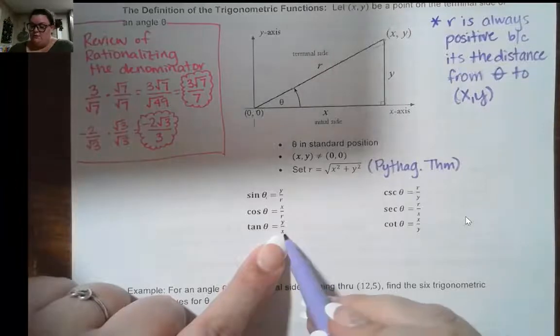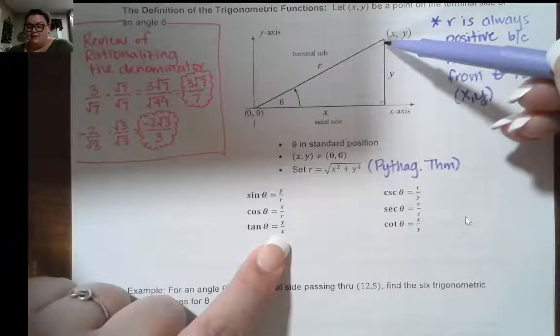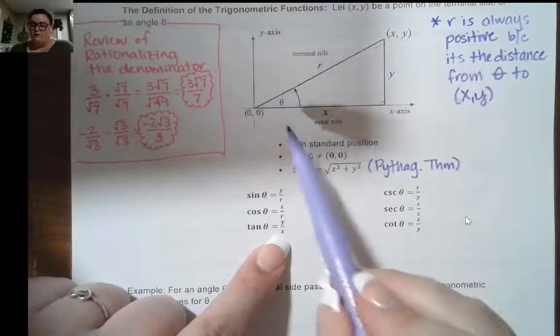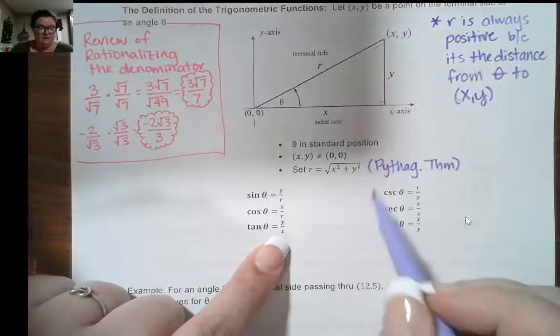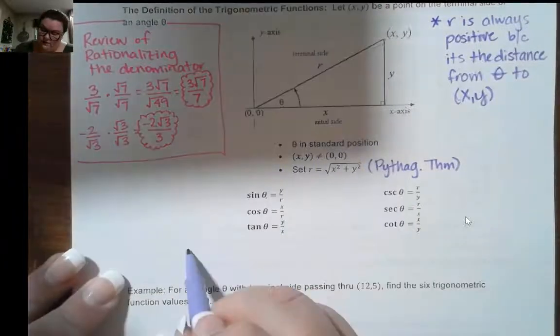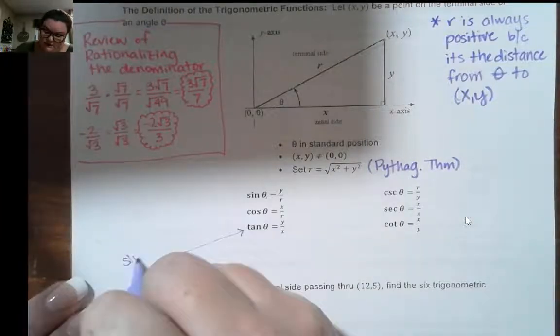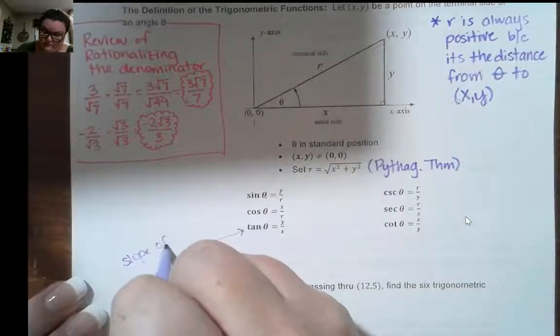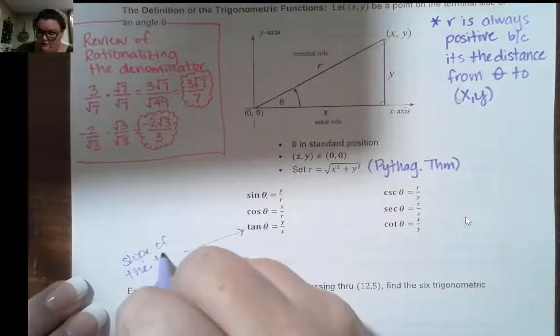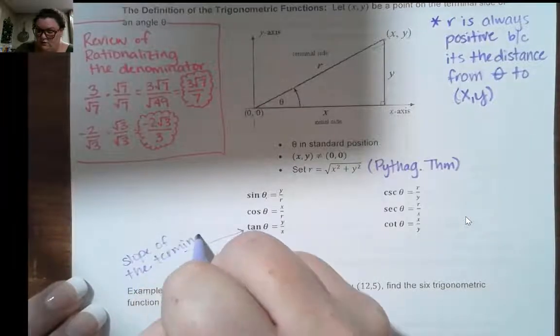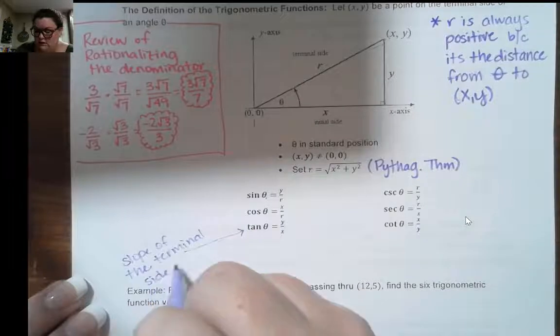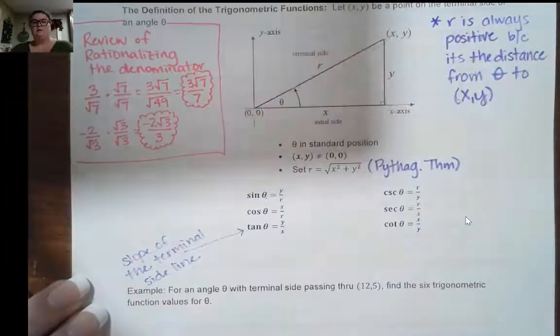And so the way I would find that is this change in y over the change in x. So I'm just going to note over here when we look at our tangent value that this also represents the slope of the terminal side line, and that will come in handy later.